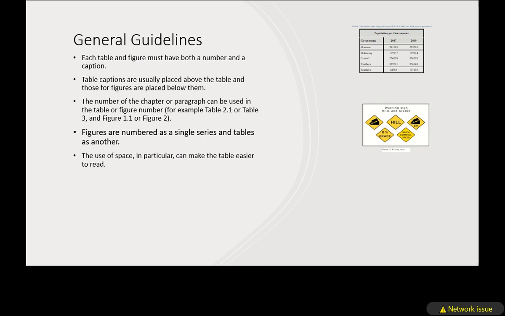So this is what they mean by using the space, where you are putting the table, like alignment and these things. We already discussed that it should be near the text where you are mentioning it. Some tables can be made horizontally, some tables can be made vertically. So it is talking about these things.